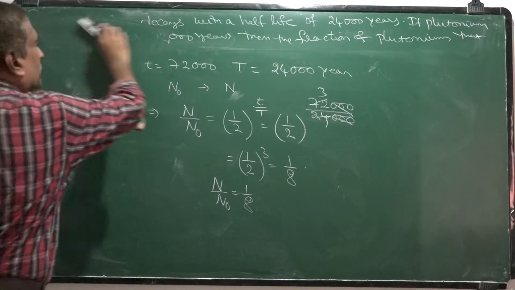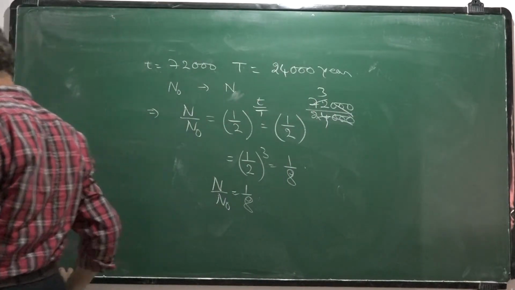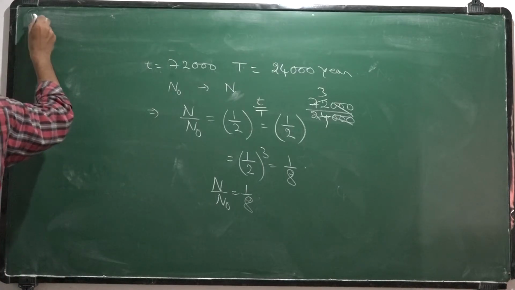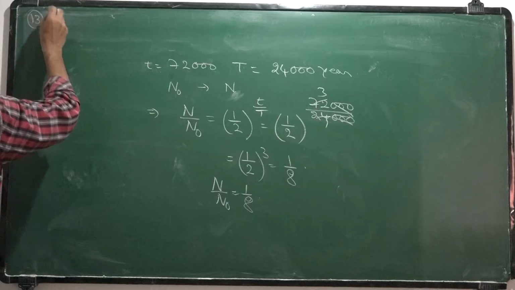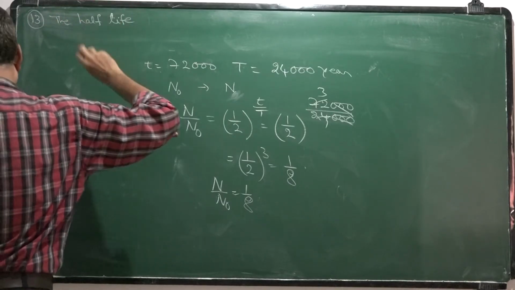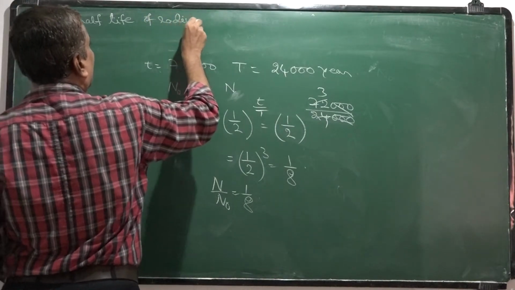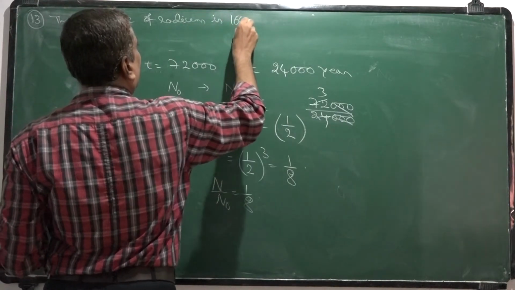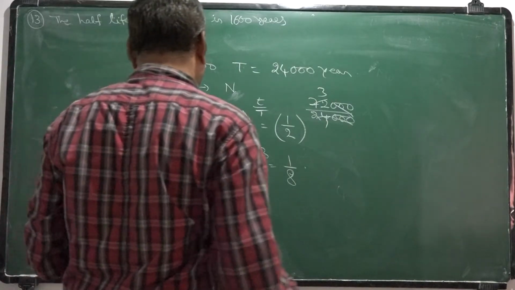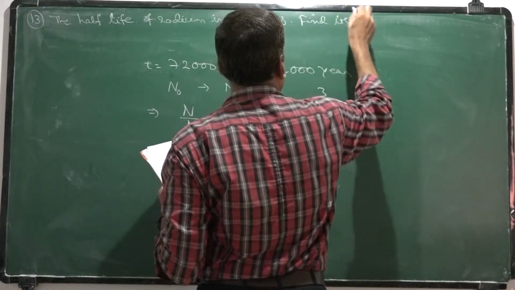Next, 13th one, a simple one, the relation between half-life and mean life. The half-life of radium is 1600 years.